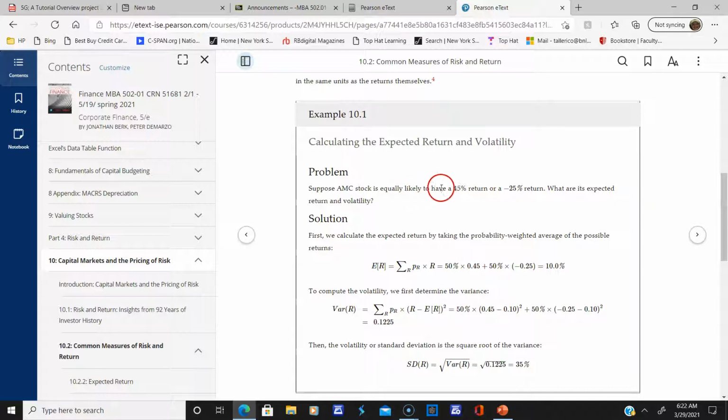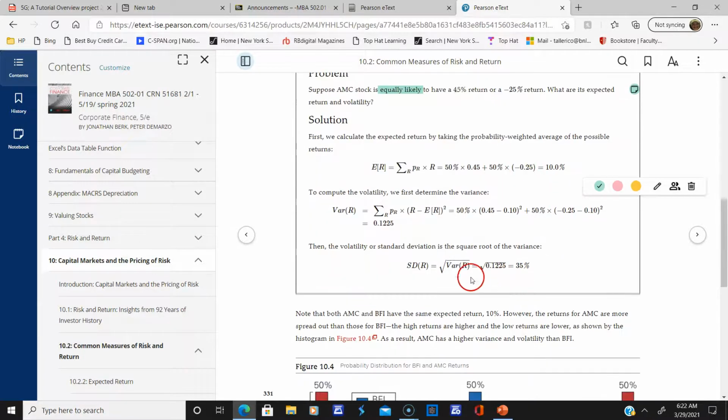So it's equally likely to have a 45% return or a minus 25% return. The secret here is it says equally likely, so you have to know that means 50%. Look here: 50% times 0.45 plus 50% times minus 0.25, and that gives you 10%. To compute the volatility, we first determine the variance.